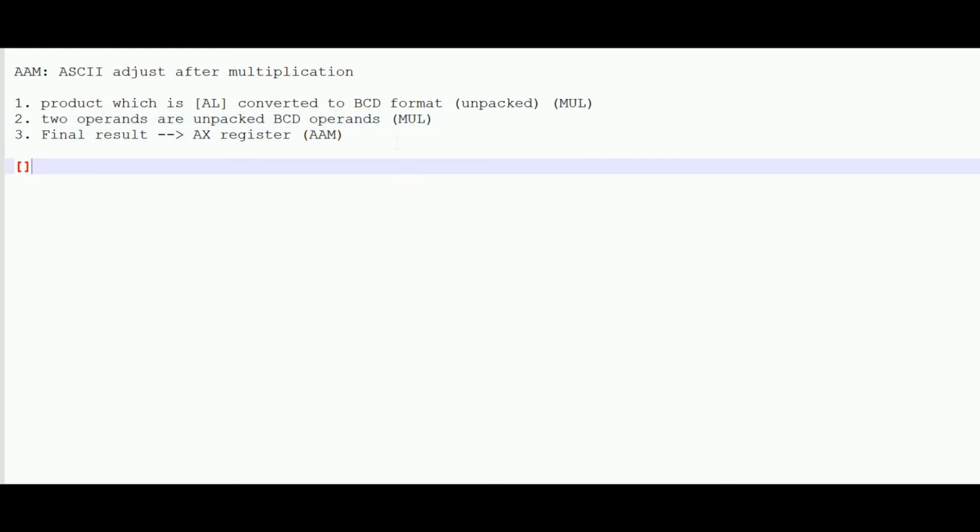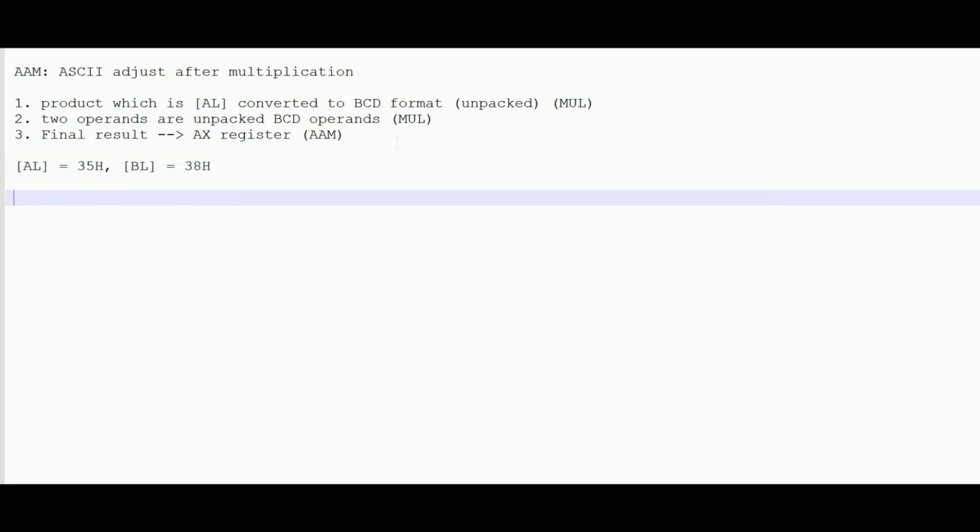Suppose we have to multiply 5 into 8, so the content of AL is 5. If we convert this into ASCII, it will become 35H, and the content of BL, that is the second operand, is 8. With ASCII conversion, it becomes 38H. Now the product which is in AL is converted to unpacked BCD format, and the two operands are unpacked BCD operands.